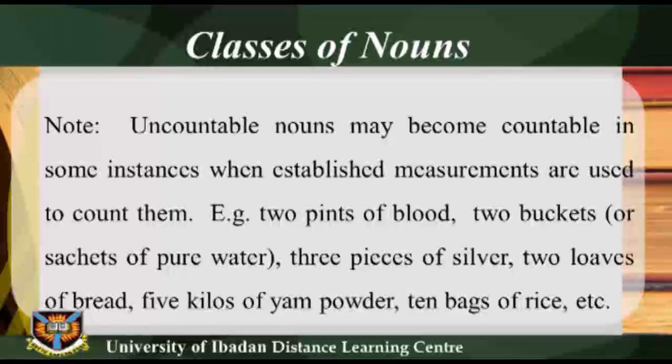We may use established measurements to count them, as in the following sentences: 2 pints of blood, 4 buckets or sachets of pure water, 3 pieces of silver, 2 loaves of bread, 5 kilos of yam powder, 10 bags of rice, etc. You may wonder why we consider items such as rice and beans uncountable.